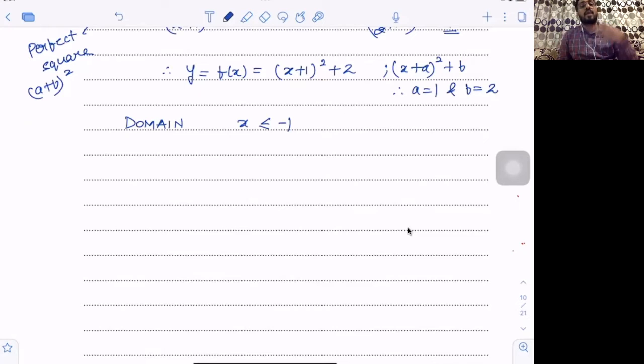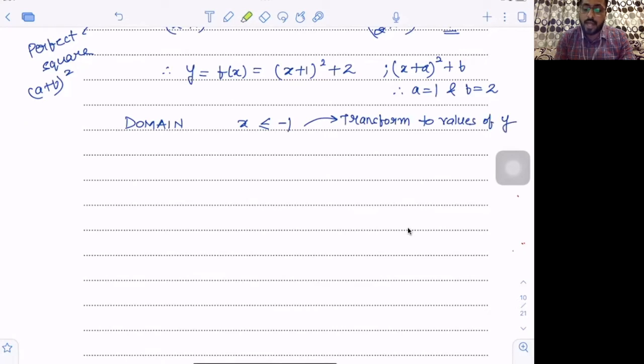So I'm trying to get the values of y. So from x less than or equal to -1, I want to transform this to values of y.